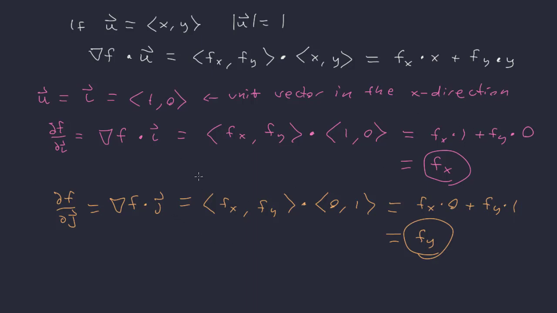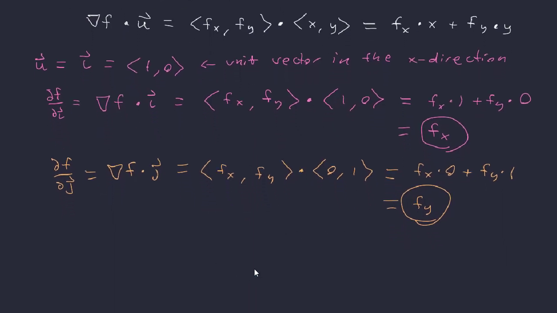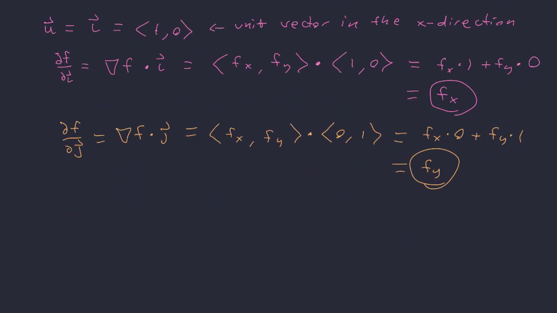So we already see that this formula works in the positive x, positive y directions to give us exactly what we've already established. What's interesting is if we start looking at other directions.